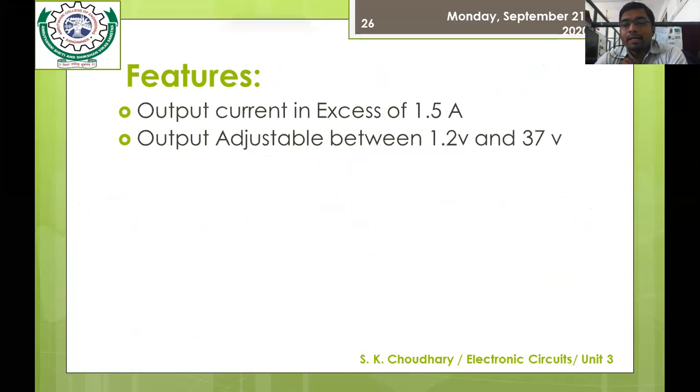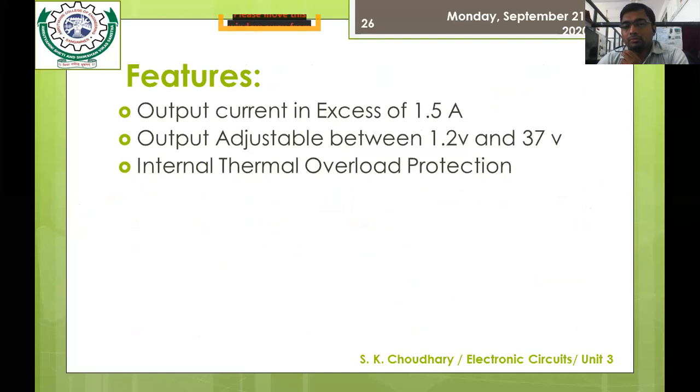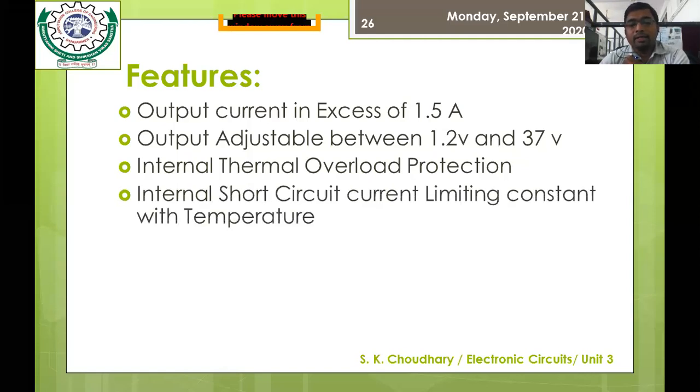It provides an adjustable output voltage between 1.2 volt and 37 volt. It provides internal thermal overload protection. It provides internal short circuit current limiting, constant with temperature. Means it protects from thermal overload as well as any short circuit current.